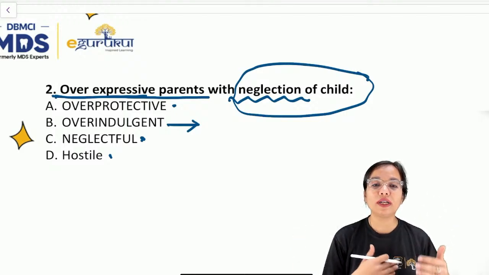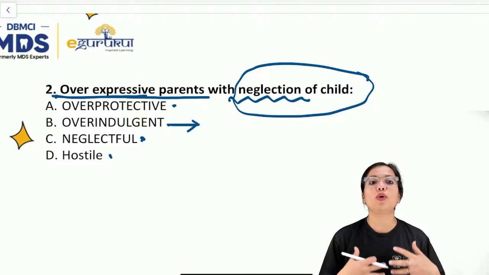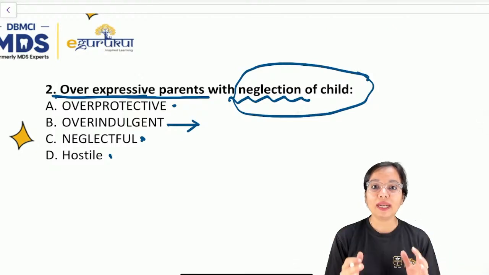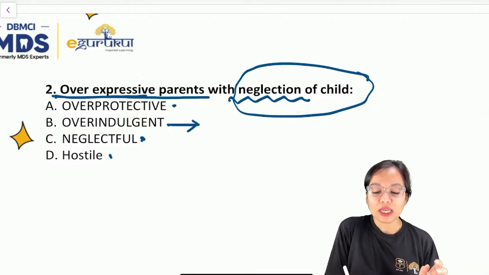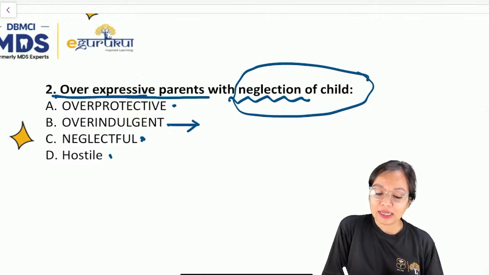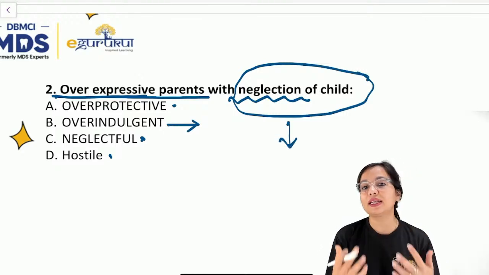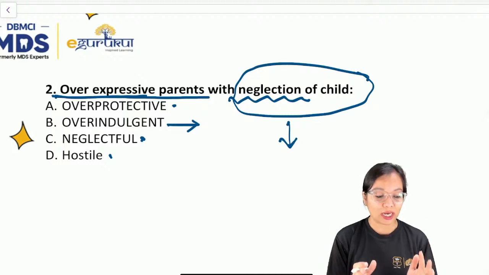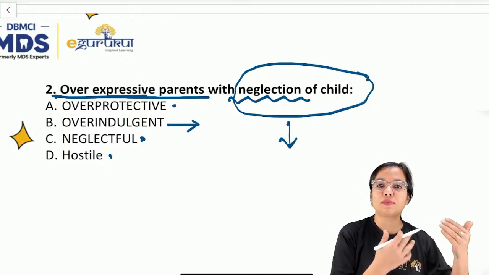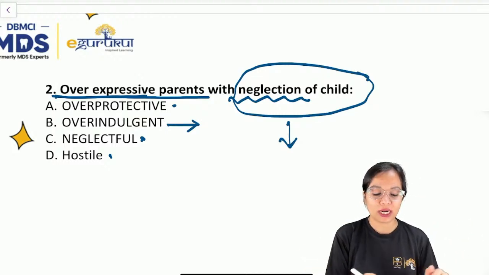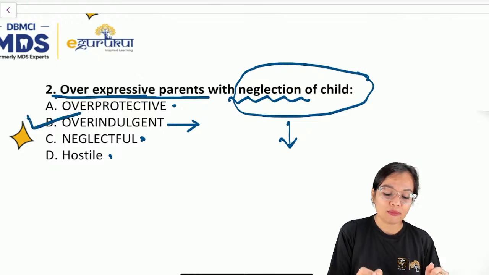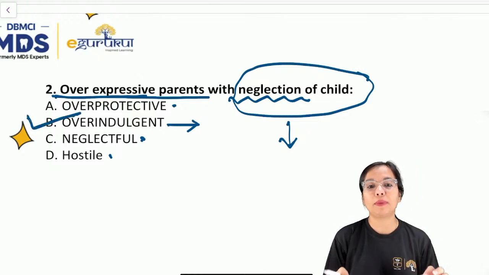So that is an overindulgent parent who is over expressive, and because of that overexpression, the parent unintentionally ends up neglecting the development of the child. So when we say over expressive with neglection of the child, undoubtedly the answer becomes an overindulgent parent.